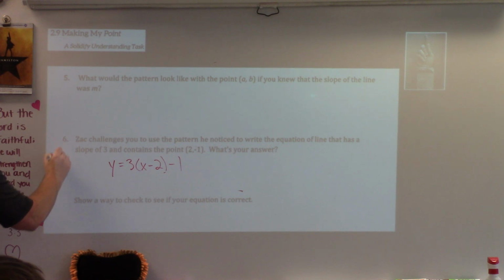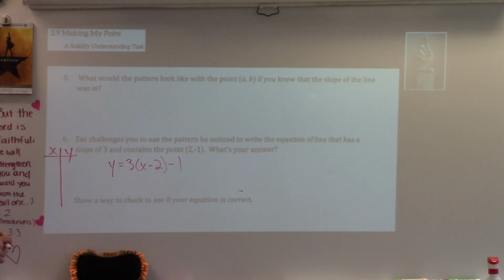I personally found it easier to do a table, because what do I know my starting point is?